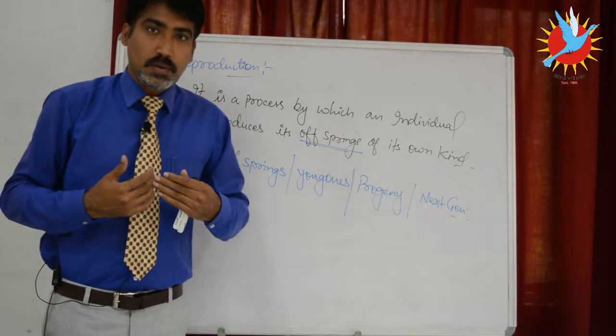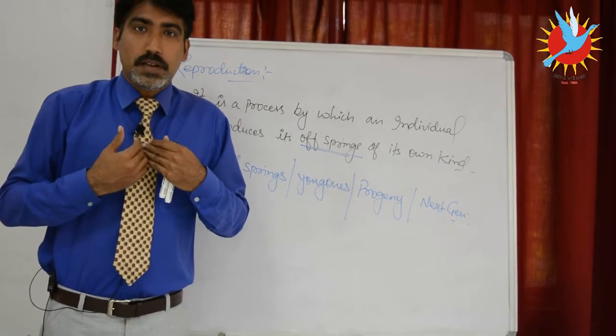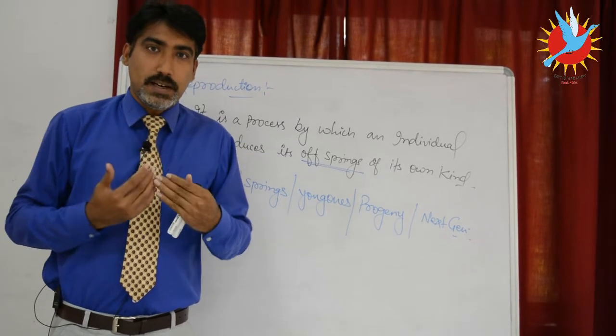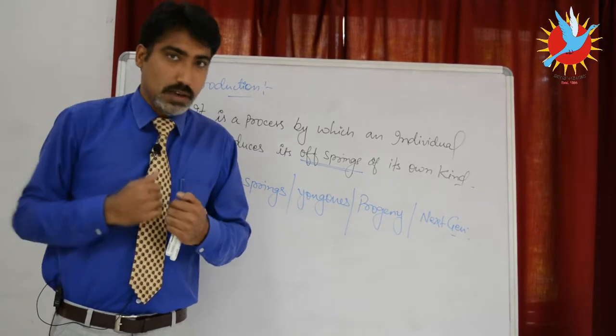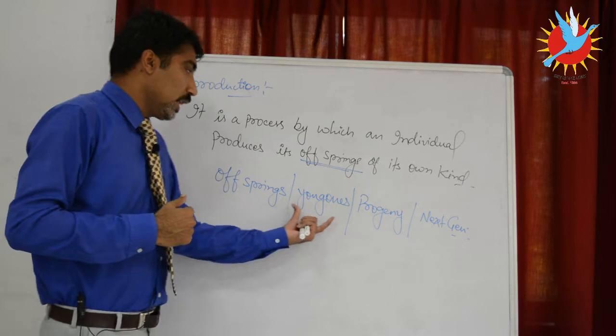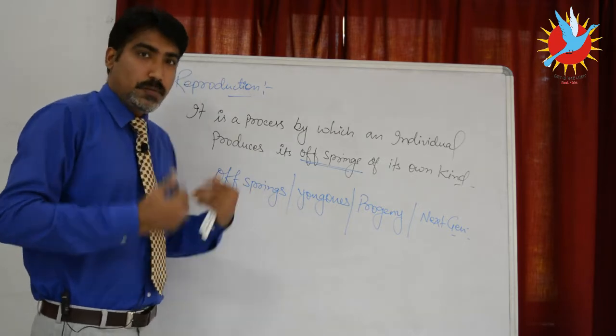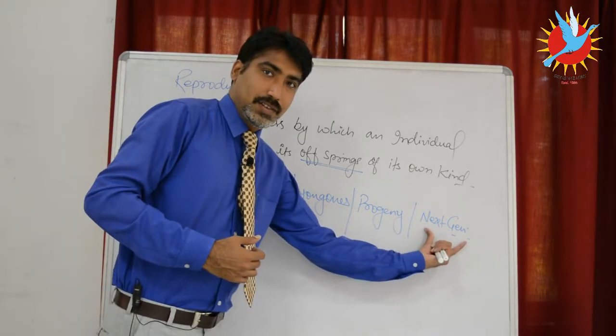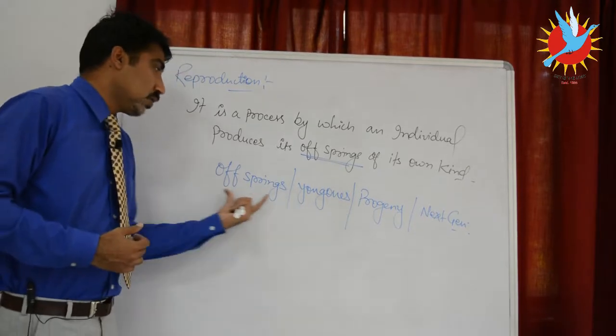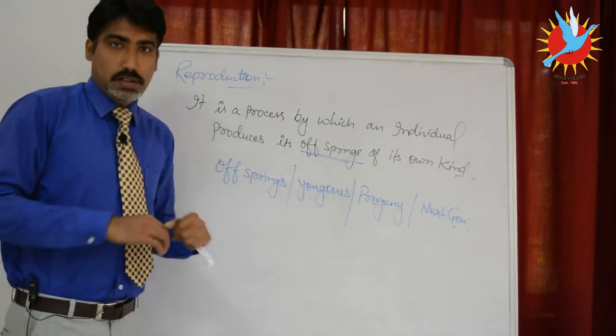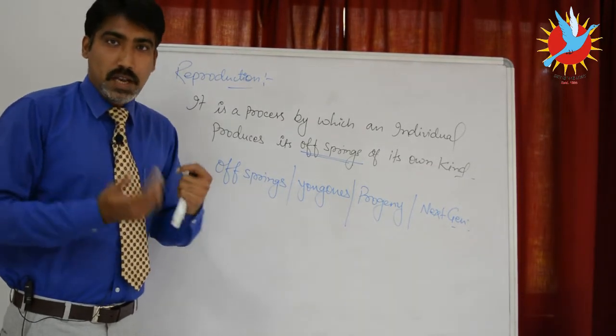For example, we are the offspring of our parents, and our parents are the offspring of our grandparents. So now you got the idea of the term offspring. Offspring means next generation.